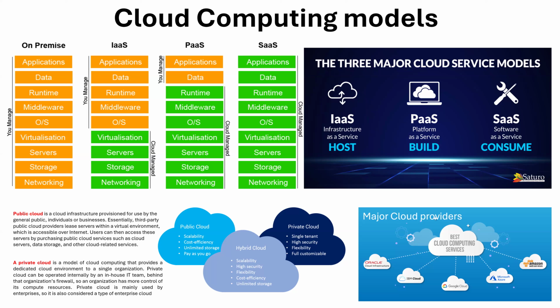Even though it's not on my premises, it is still a private cloud because I have decided to shut it. Nobody will be allocated any space in that. And I can connect to it through a secure channel. They call it virtual private cloud, VPC. So that is one thing you need to know.